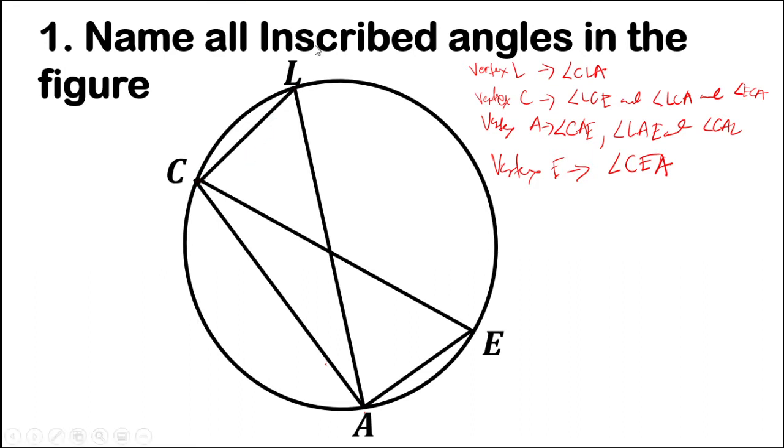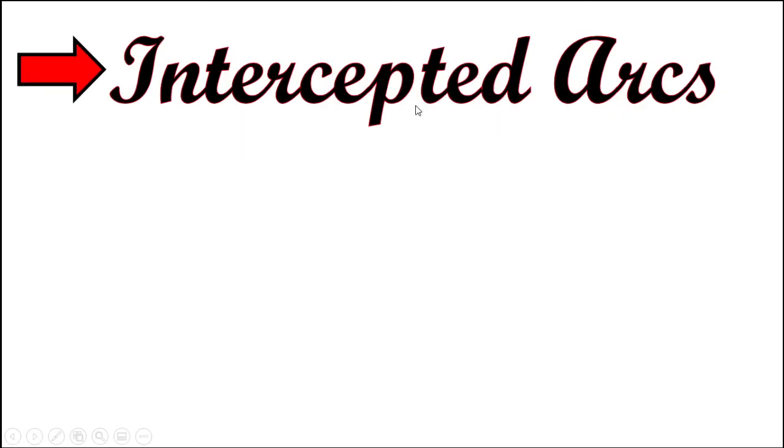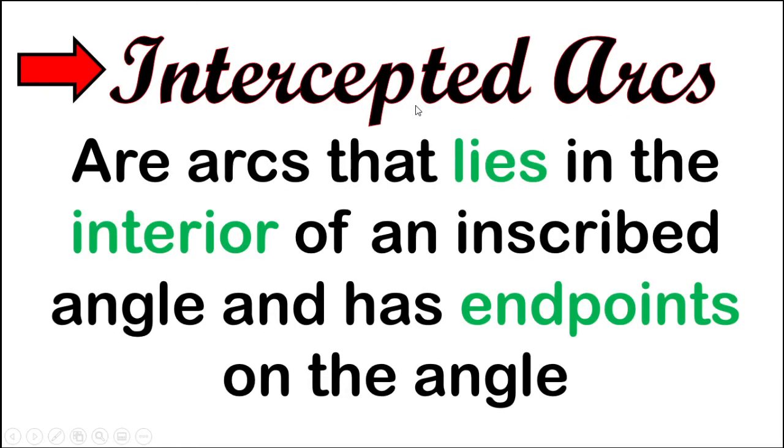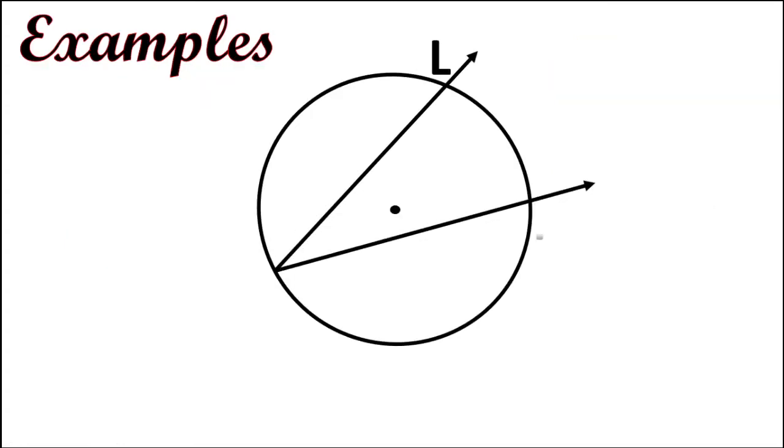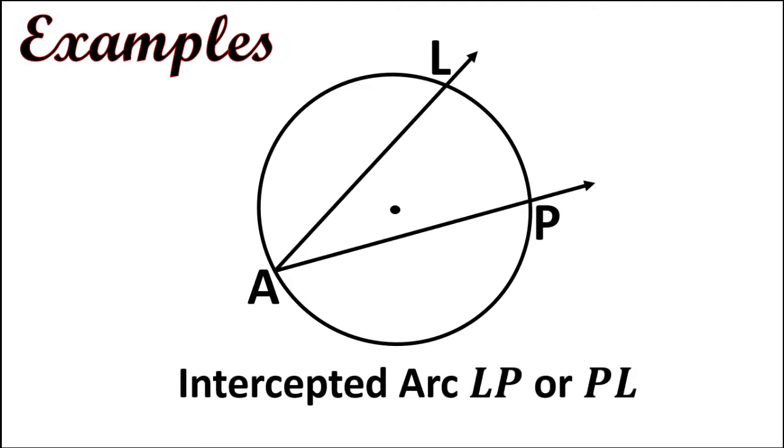Okay? Next, intercepted arcs are arcs that lie in the interior of an inscribed angle and have endpoints on the angle. So, for example, if we have inscribed angle LAP, its intercepted arc, the arc it touches, is this, which is arc LP or arc PL. Therefore, the intercepted arc of angle LAP is arc LP.